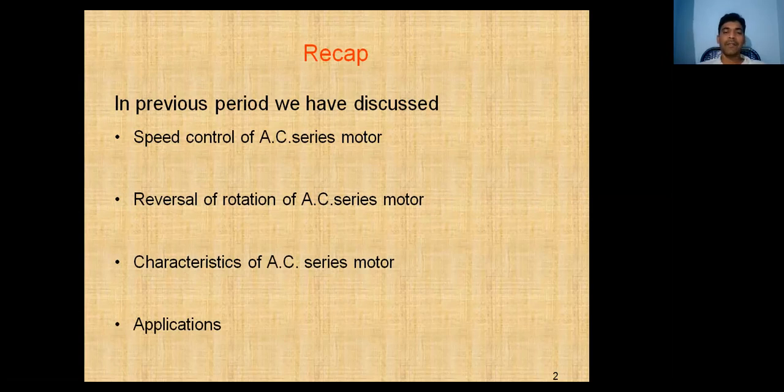The characteristics of AC series motor are similar to DC series motor, but somewhat lacking. Due to high starting torque, we can use the AC series motor wherever high starting torque is needed. That's what we discussed in the previous class.